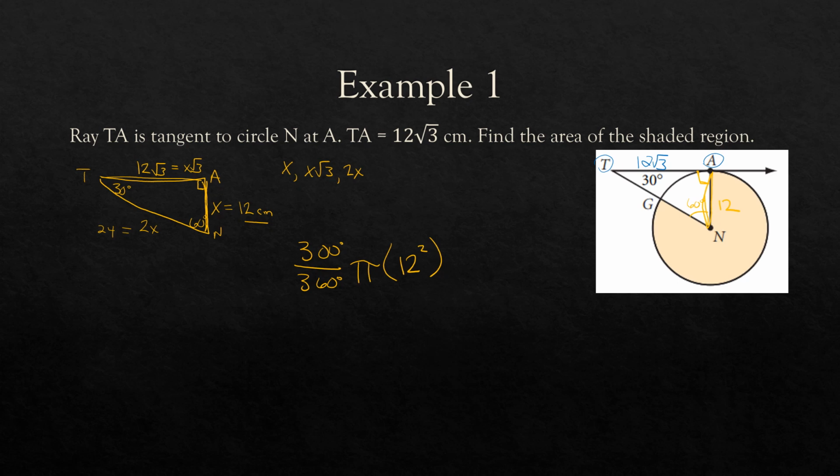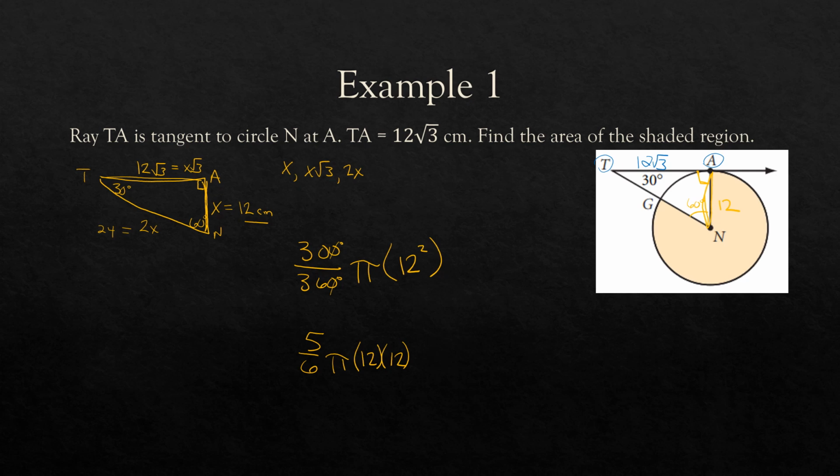So 300 over 360, I'm just going to reduce that fraction. I can reduce it by a power of 10 to make it 30 over 36. I can then divide by 6 and make that 5 over 6. I'll keep my pi, and I have a 12 and then another 12. Why did I write it this way?